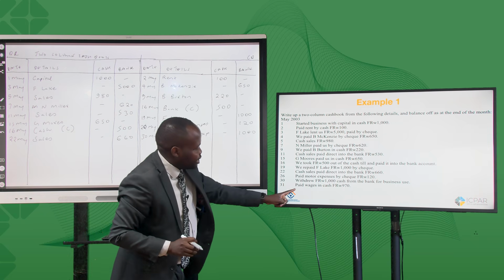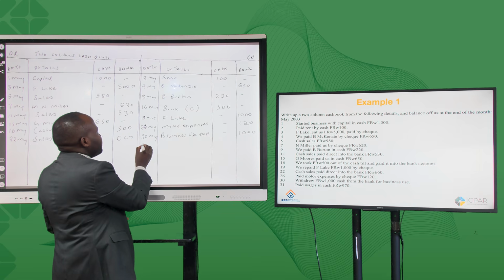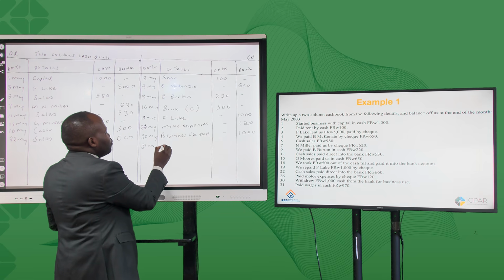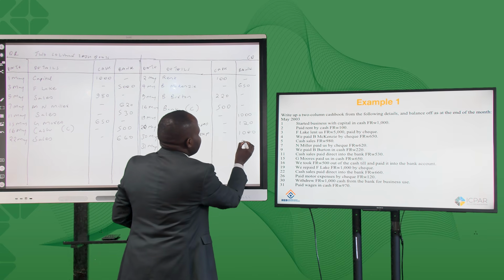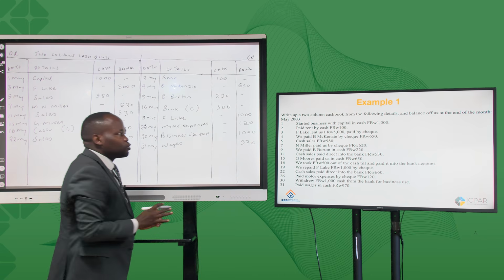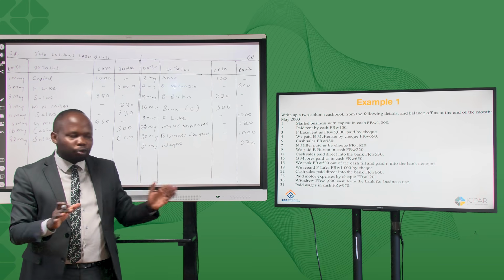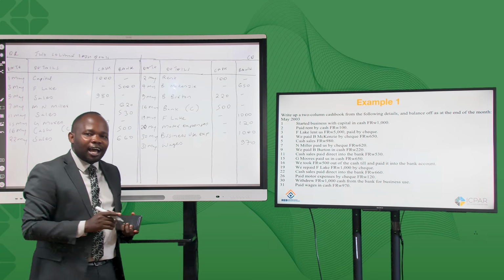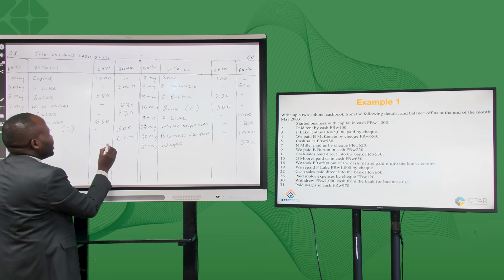And then lastly, paid wages 970 cash, 31st May. Wages, how much? 970. Now this is what is called posting entries into the cash book. Once the entries have been posted, we need to skip one line on the longer side.